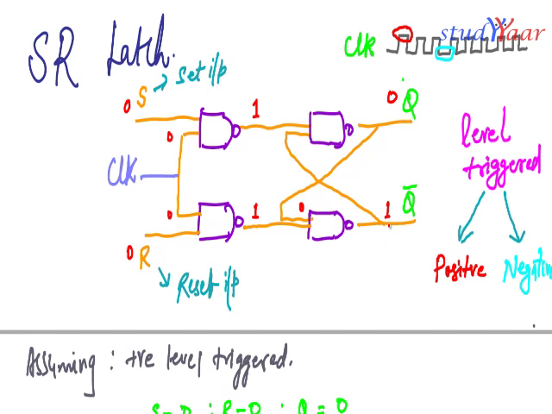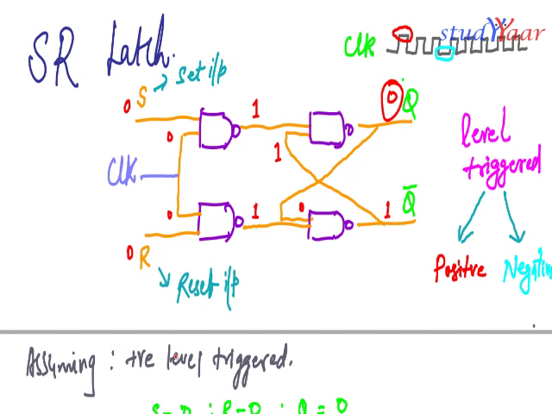So what you get over here, you get a 1 over here, and 1.1 the whole bar is 0. So in a way your circuit is in an inactive state when your clock is low.